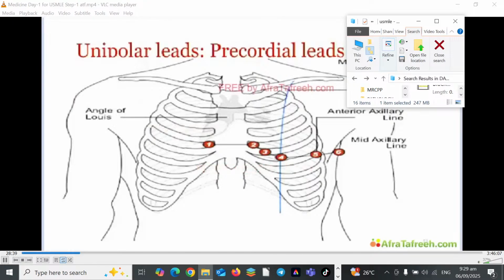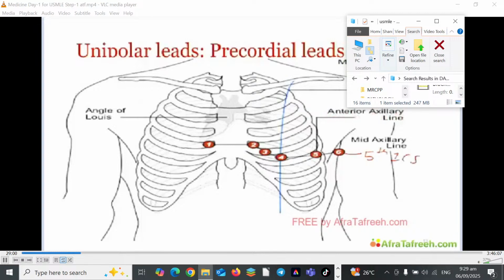So we go from the 4th parasternal right up to the mid-axillary 6th intercostal space. Sorry, the 5th intercostal space. So we go to the 5th intercostal space, mid-axillary line. So this is in the 5th intercostal space.